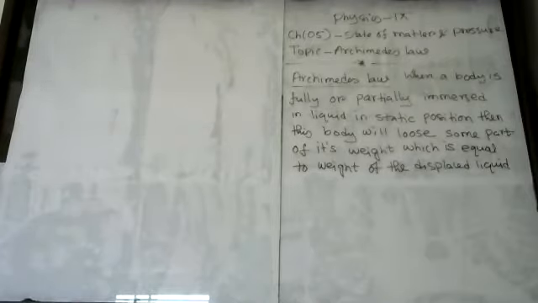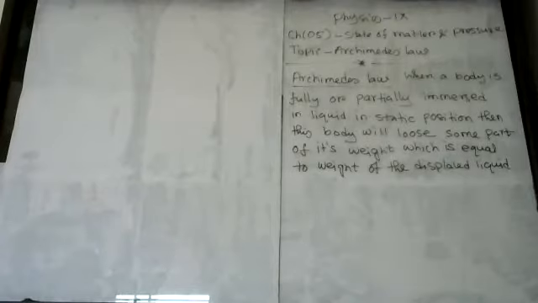And when you keep this body inside water, you see that the body feels some lighter weight, less weight than that in air. So it is possible to take a weight of the body inside the water, and by using this weight, you can find out very easily the weight loss by the body.